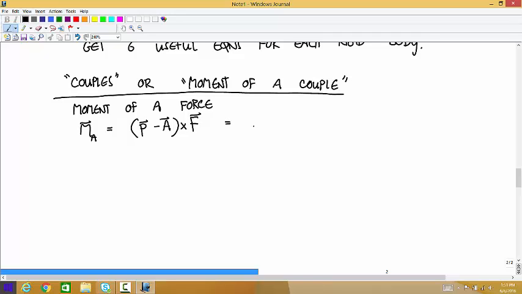You could multiply it out and you get P cross F minus A cross F. There's not too much more you can do to fiddle with it. You can't get rid of the dependence on A.